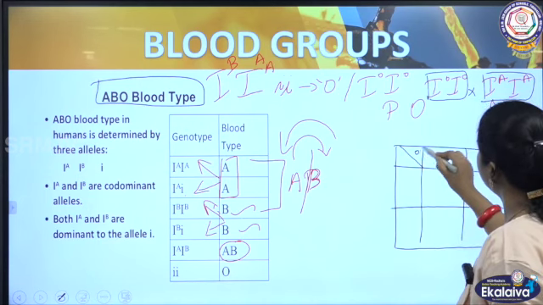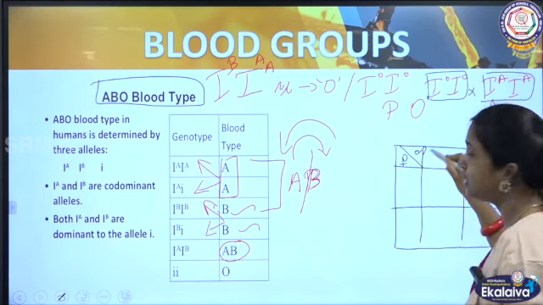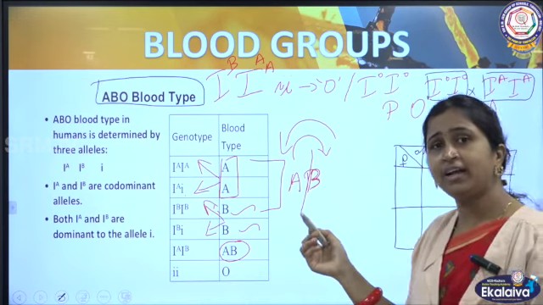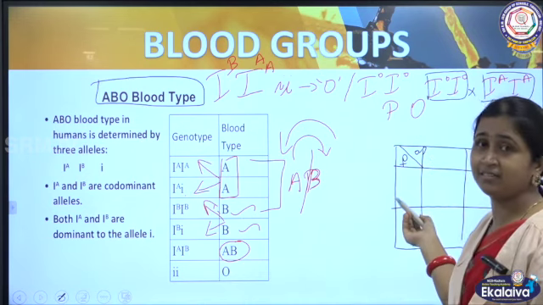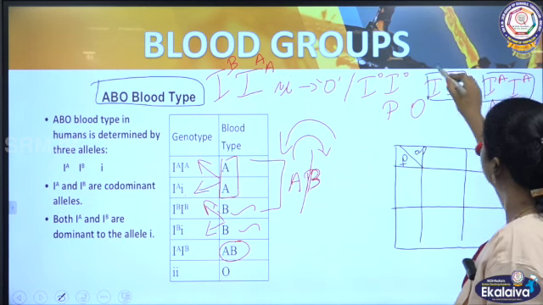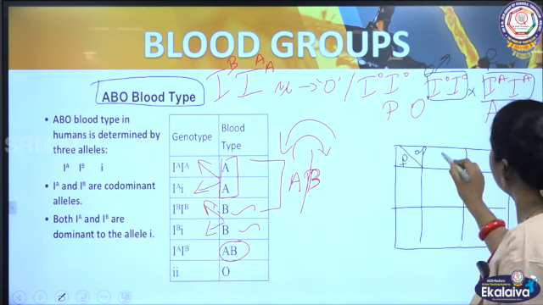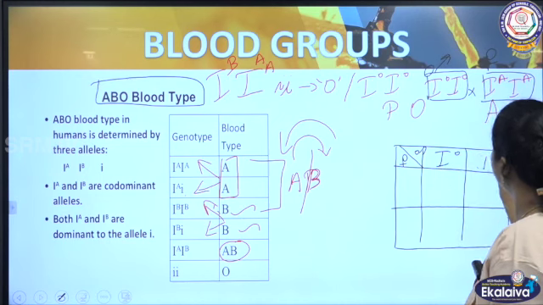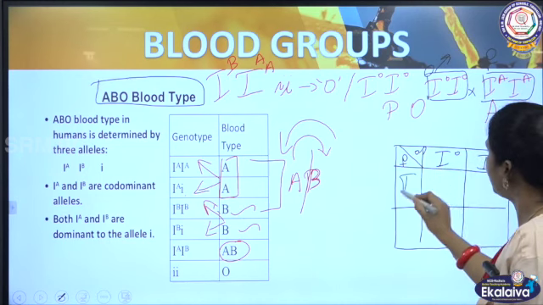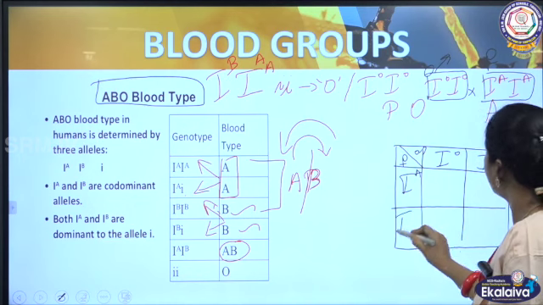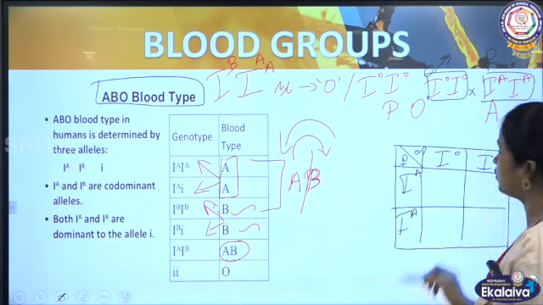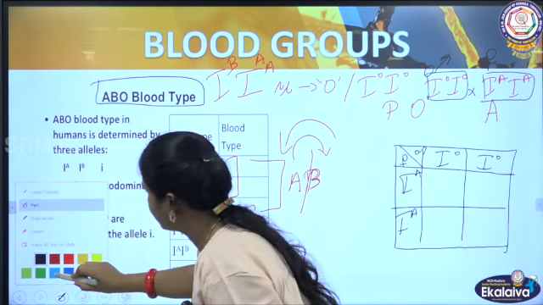You can take male and female here. This is very important. In monohybrid and dihybrid it doesn't make any difference, but here it is very important. So this is male and this is female. Male I will write IO, IO. Female I am writing IA, IA. Now let us intercross.